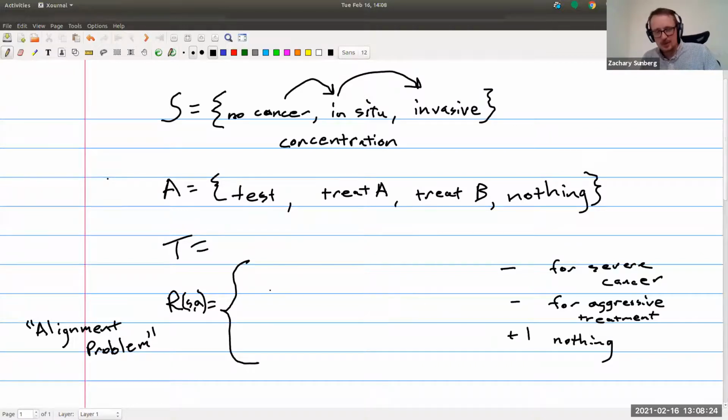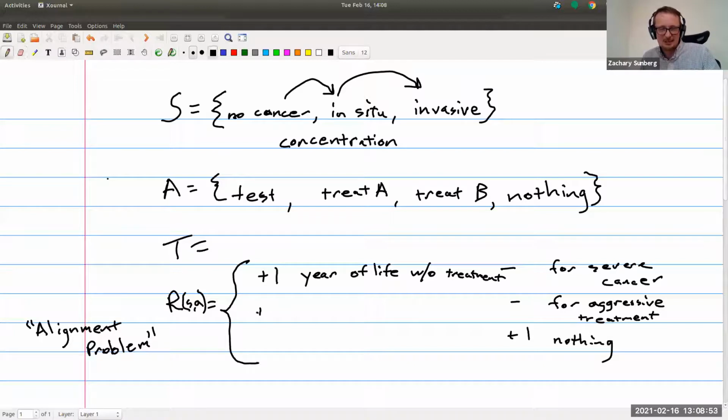Another reward function to consider might be plus one for every year of life without treatment or cancer, and then minus 100 for... actually, I don't even know if you would, so this might be a good enough reward function.